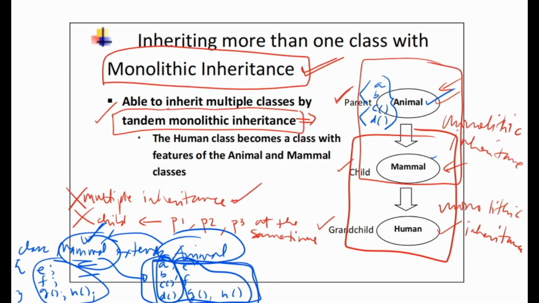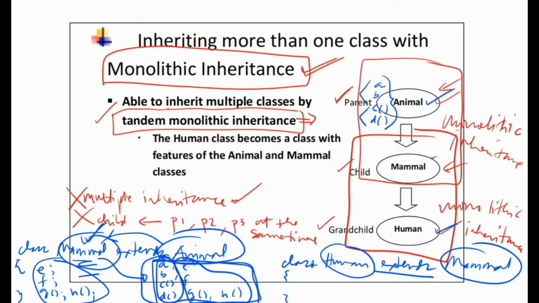And then when we create a new class, human, we say class human extends mammal. So by inheritance, human possesses or inherits all the features of mammal. So all of this from A to H. And if human has some proprietary methods and fields, say for example, we have here fields I, J, and then we have methods K, and then L, and then M. Okay, so say these are the proprietary methods and fields of the new class human.